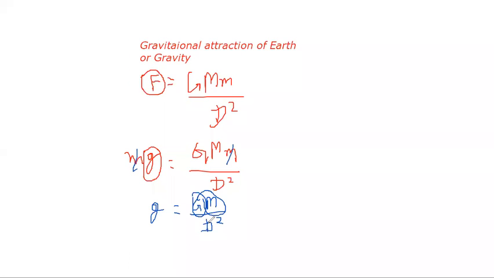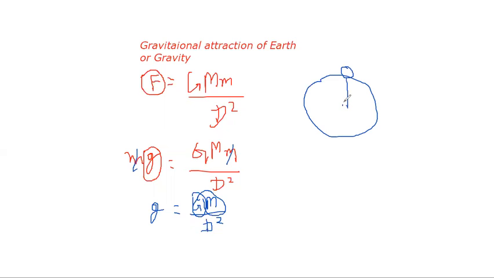Now, in the definition of gravity, I have mentioned that the Earth attracts all the other bodies which are on or near its surface, and it attracts them towards its center. So if this is the Earth, and there is a body here, it attracts it towards its center.